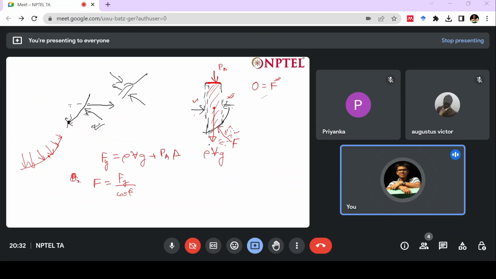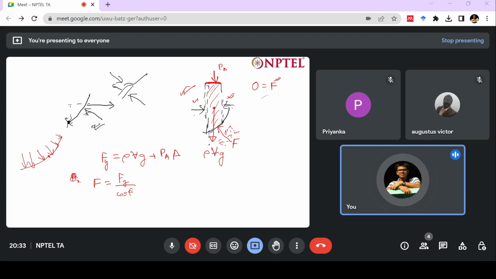This portion is very important, and it should be taken care of.